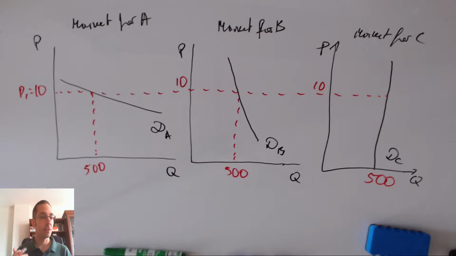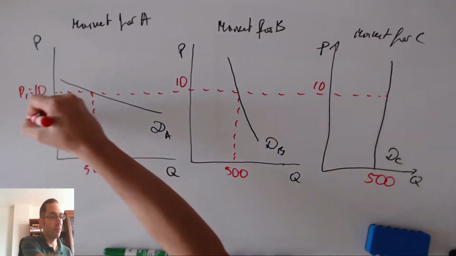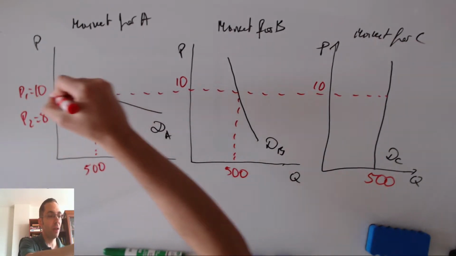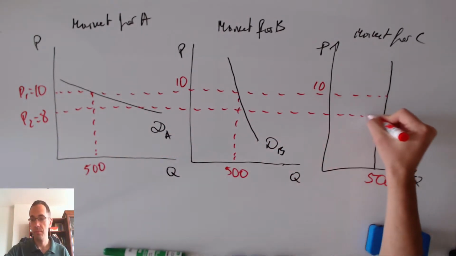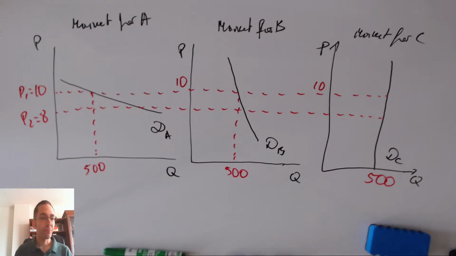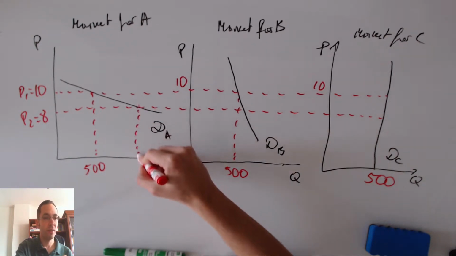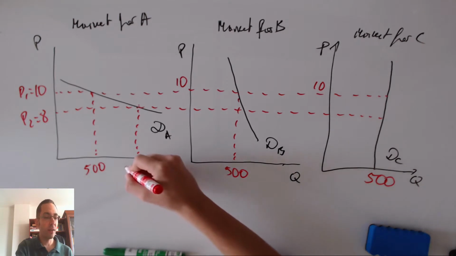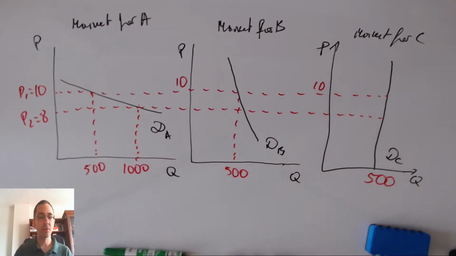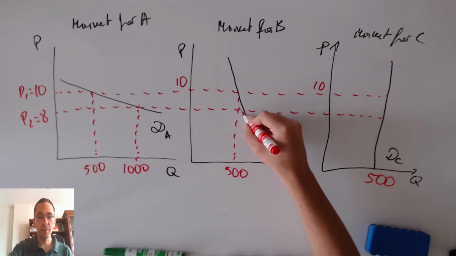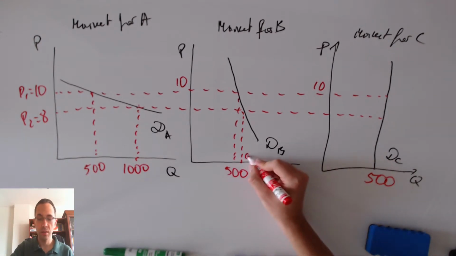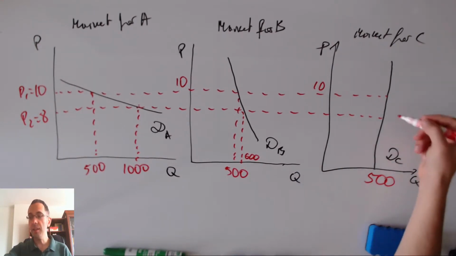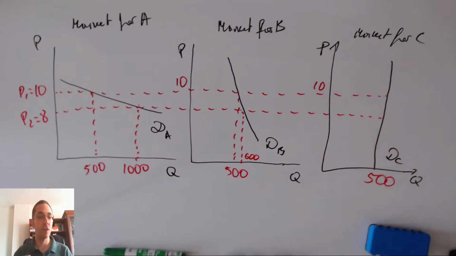Now, let's drop the price to 8. So P2 would be equal to 8, and see what happens. Now, let's say in the market for A, the quantity doubles. So it becomes 1000. In the market for B, the quantity increases, but it becomes, let's say, 600. And then in the market for C, the quantity does not change.